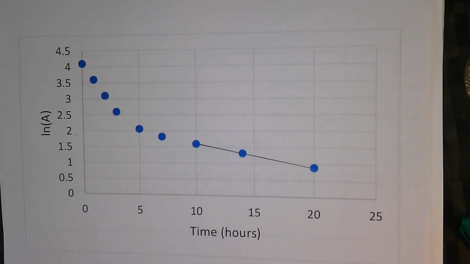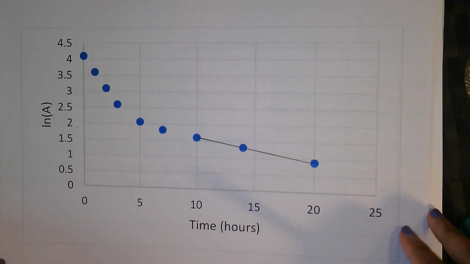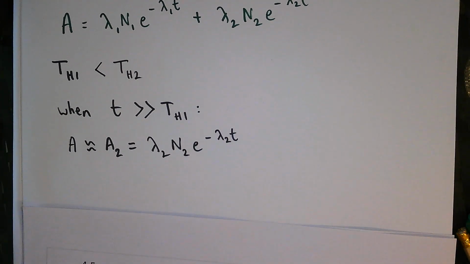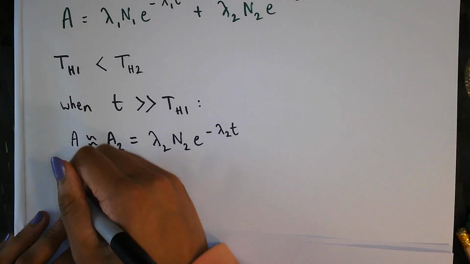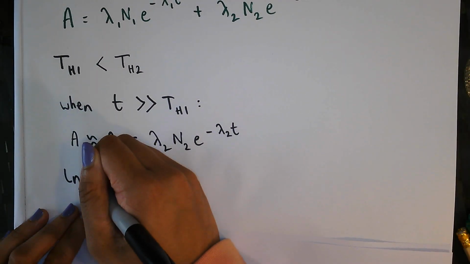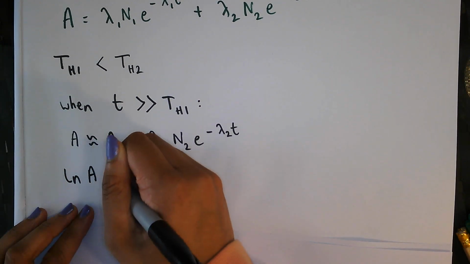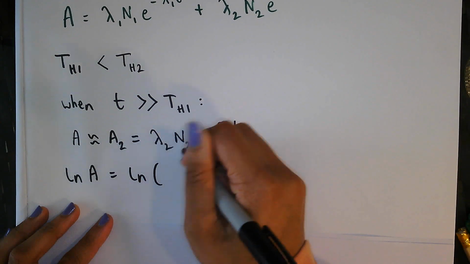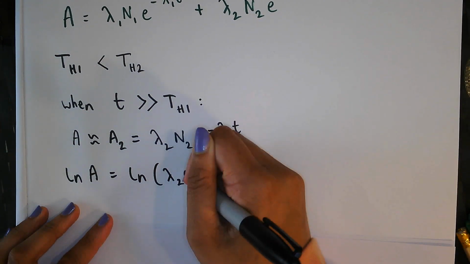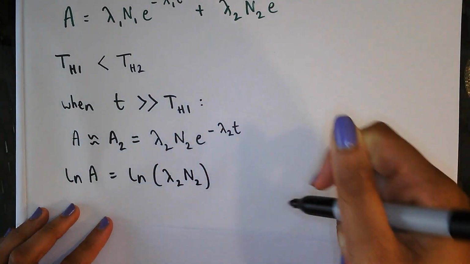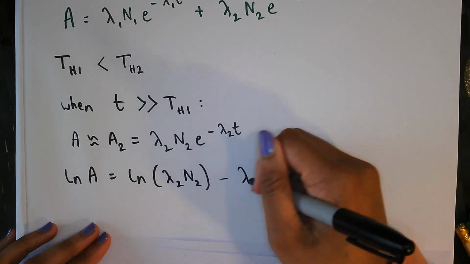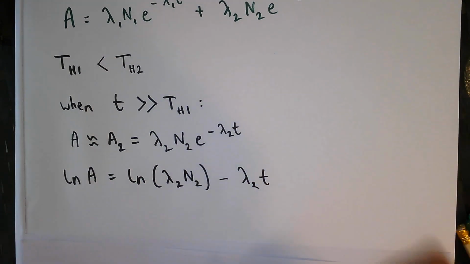And that matches with the assumption we have made, because if we take the log of this equation, we get ln A is equal to ln lambda 2 n2 minus lambda 2 t.